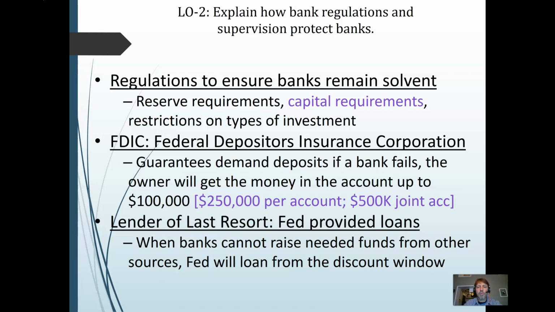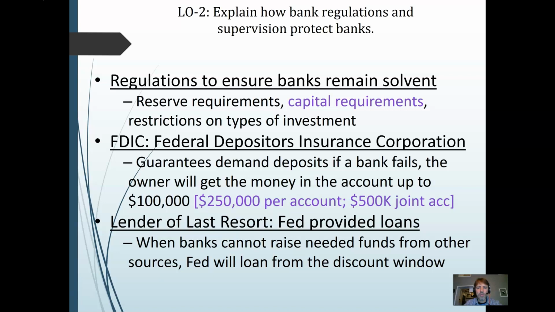Almost all banks, and you should only be working with a bank that's FDIC insured, are covered, which says that if the bank fails, the owner will still get their money. The government's backing it up to 100,000 originally. Today, it's really 250,000 per account, or 500,000 for a joint account, which covers the vast majority of individuals, at least.